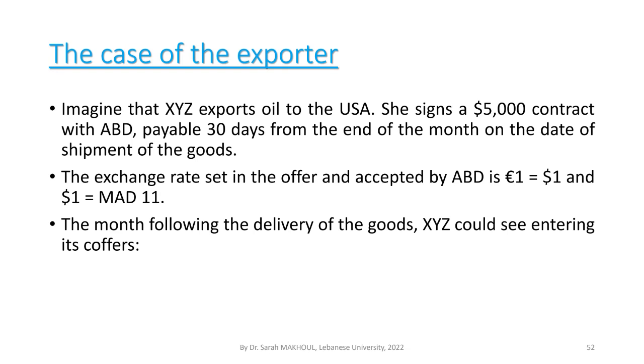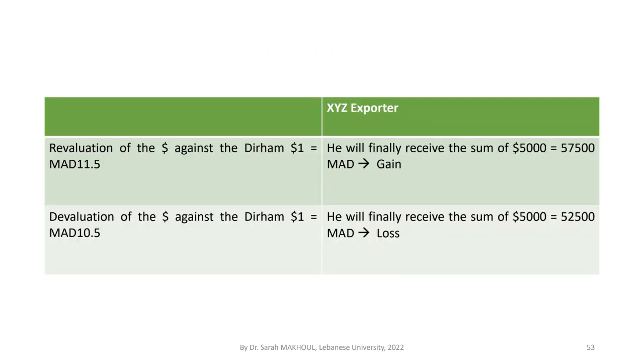The exchange rate set in the offer and accepted by the American company is $1 equals 11 Maghrebian dirham. The month following the delivery of the goods, the Moroccan company could see entering its cash one of two situations.